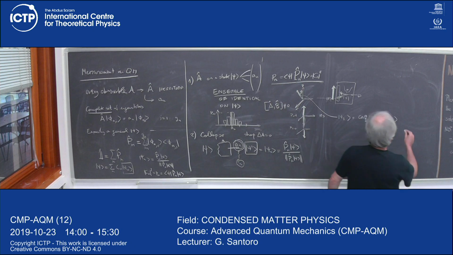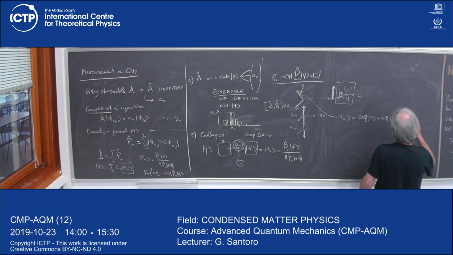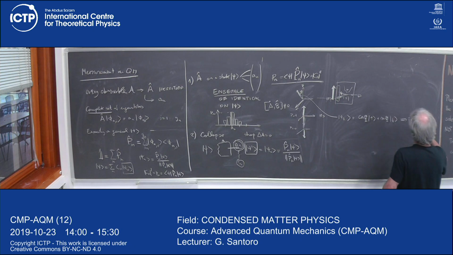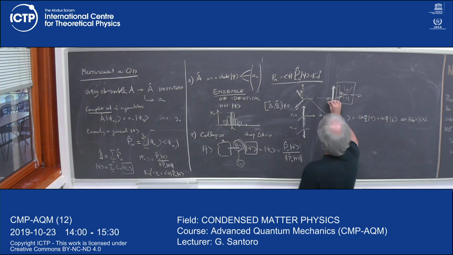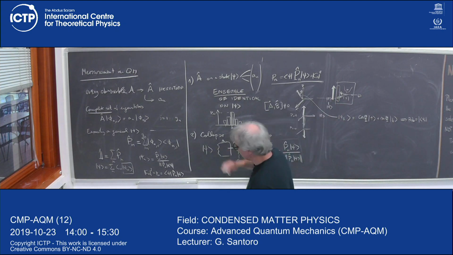The probability that this object will pass is equal to the modulus square of the overlap of phi_n with the state psi, this is the state psi that I send to the apparatus.